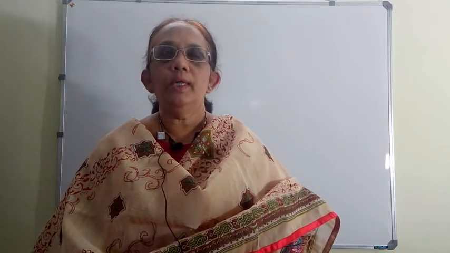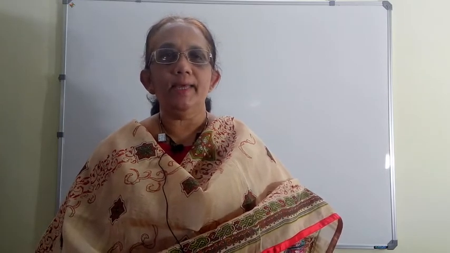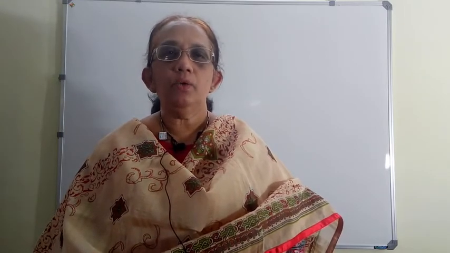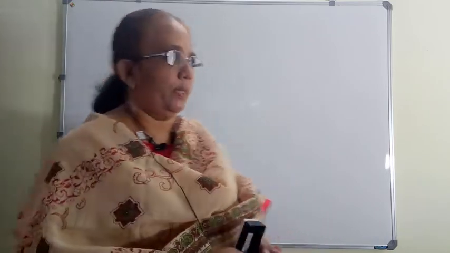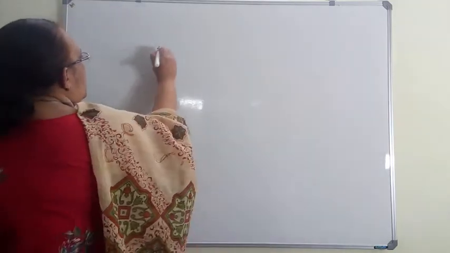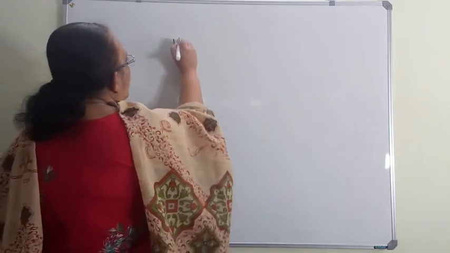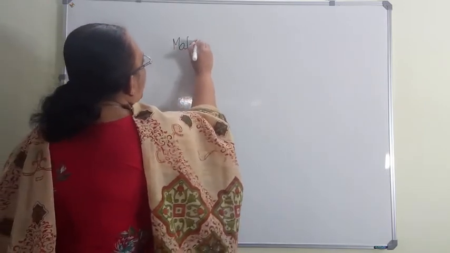Now, when you go deep into the subject, you can see that matrix is used in solving a system of linear equations. Now, what do you mean by a system of linear equations?